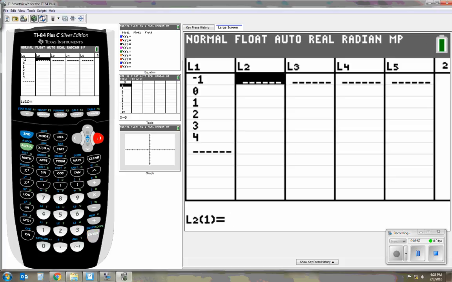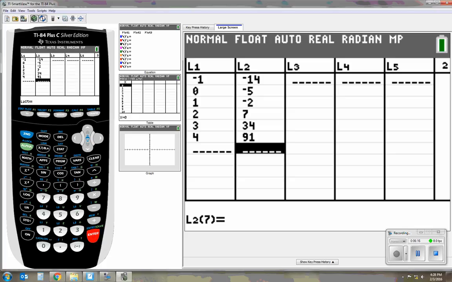Okay, and we arrow over and we put in our other information: -14, -5, -2, 7, 34, 91.